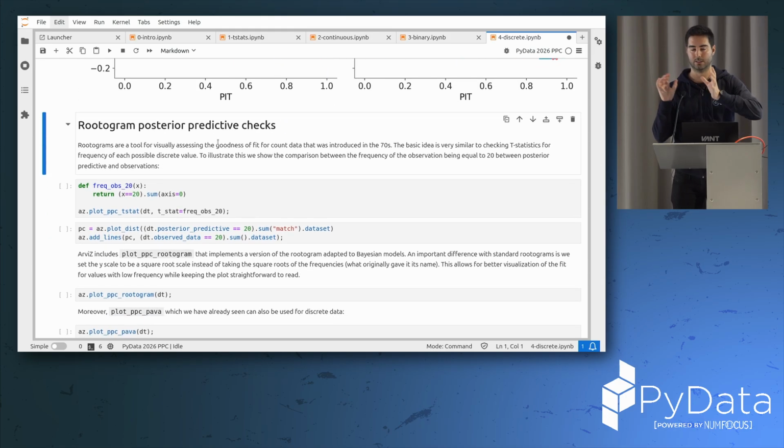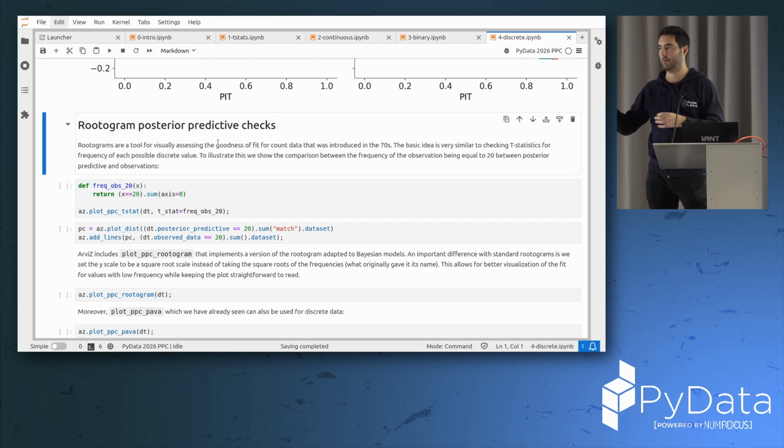So the rootogram is a bit of a mix of different concepts that we have already seen, mainly the t-stats applied to a finite set of available values, so we'll just run t-stat comparison through all of them and see how things fare.